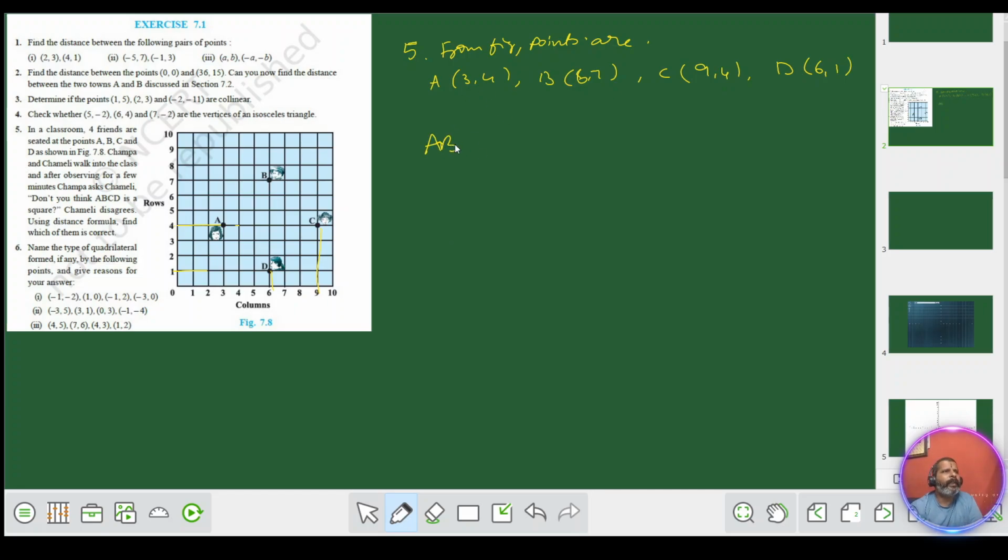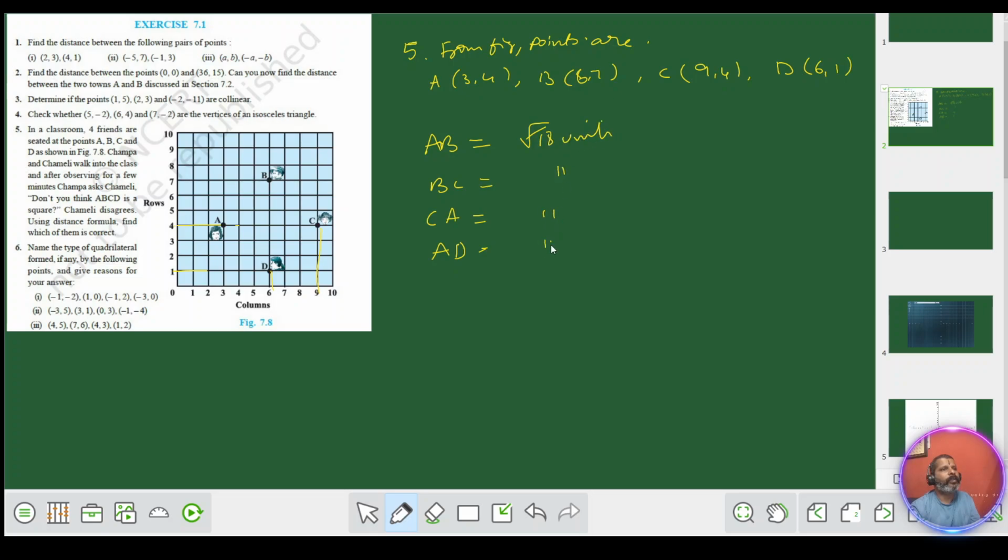Just find AB, BC, CD, DA. If it needs to be a square, all sides should be equal. What values do we get? AB is root 18 units, and BC, CD and DA are also root 18 units.